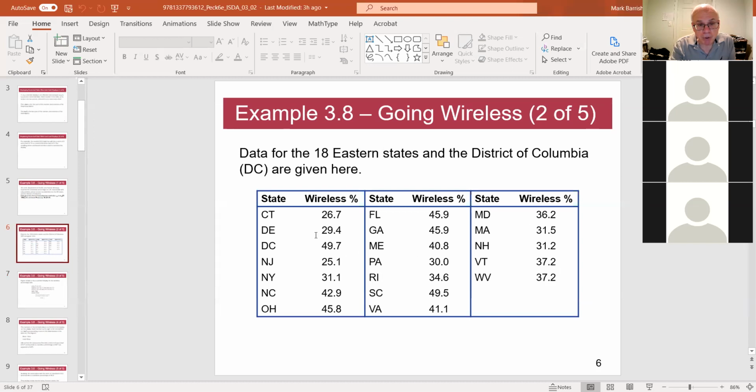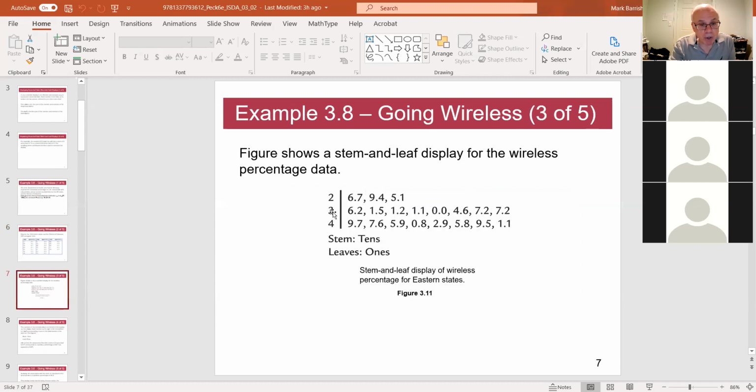So if you pick just the first digit, you would end up with 2 or 3 or 4 as your stem, and then the rest of the number would be displayed to your right. So for example, if you see 2, and then on the right you see 6.7, that is the number 26.7. The 2 is in the stem part, and it's a tens digit. And then the ones digit, including the decimal, would be shown on the right.